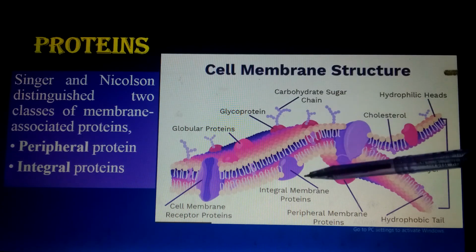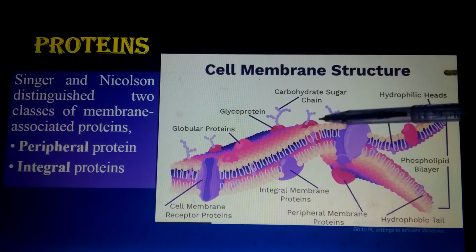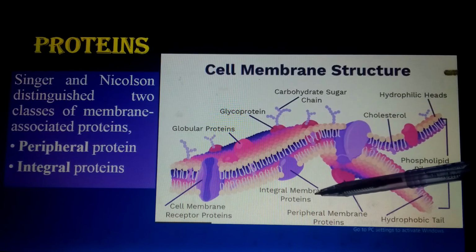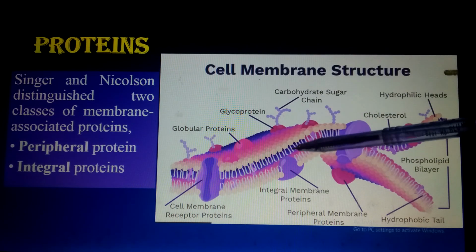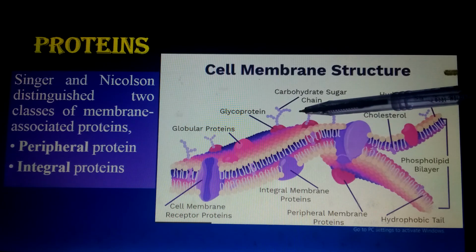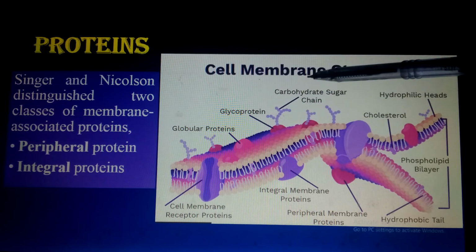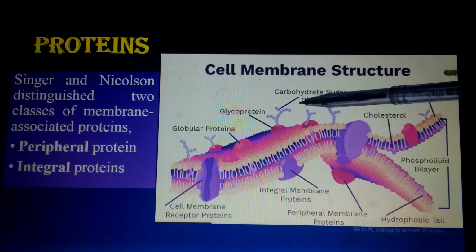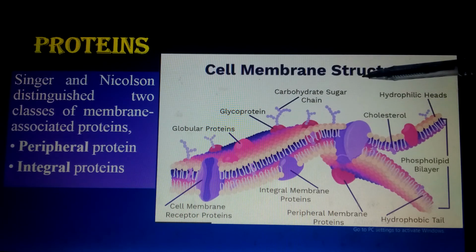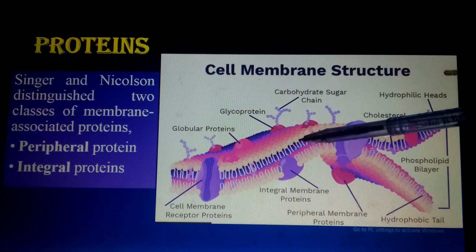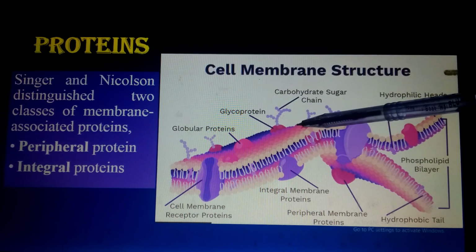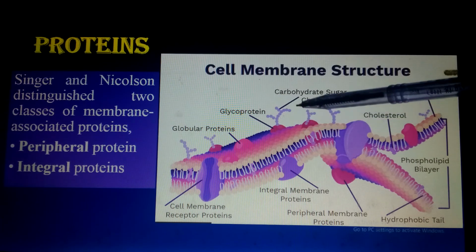Some help in the transport of the substances across the cell membrane, inside and outside of the cell. And the peripheral proteins form the conjugated molecules with, you can see here, many glycolipids and glycoproteins and many more.